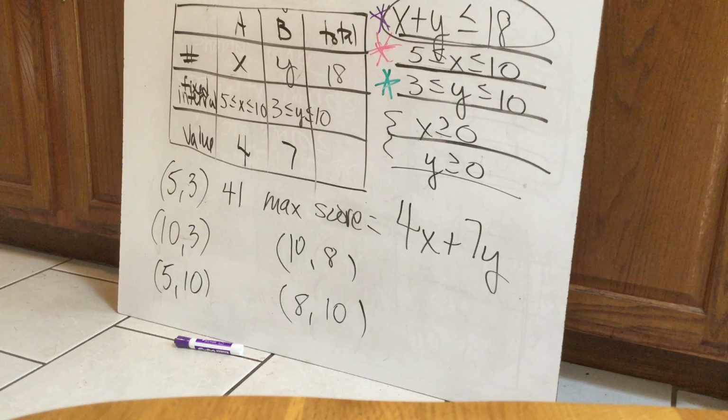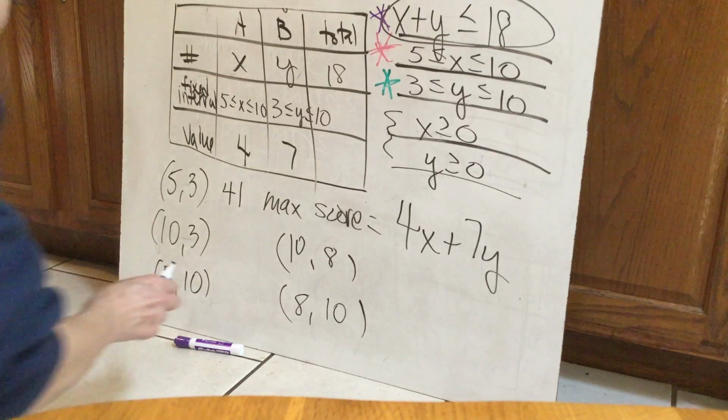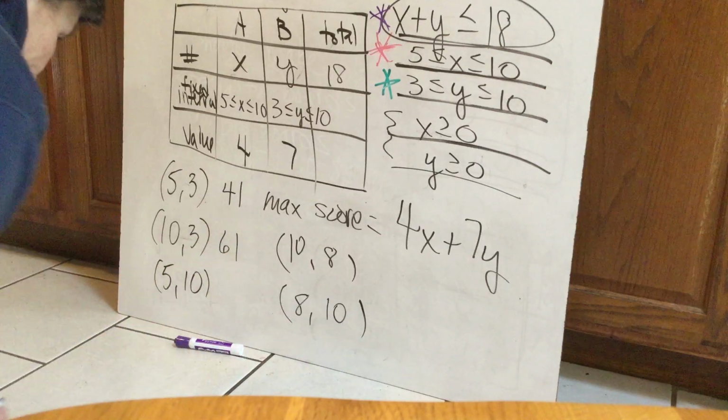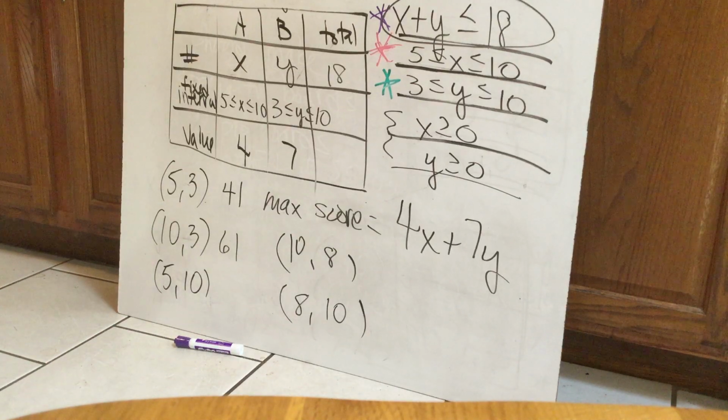Ten times 4 and 7 times 3. That's 61. 5 times 4 and 10 times 7.